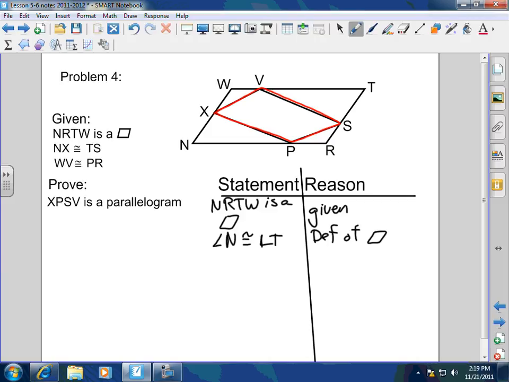Okay, so I got angle N is congruent to angle T. Okay, now what? Don't we know that NX is congruent to TS? So NX is congruent to TS given.